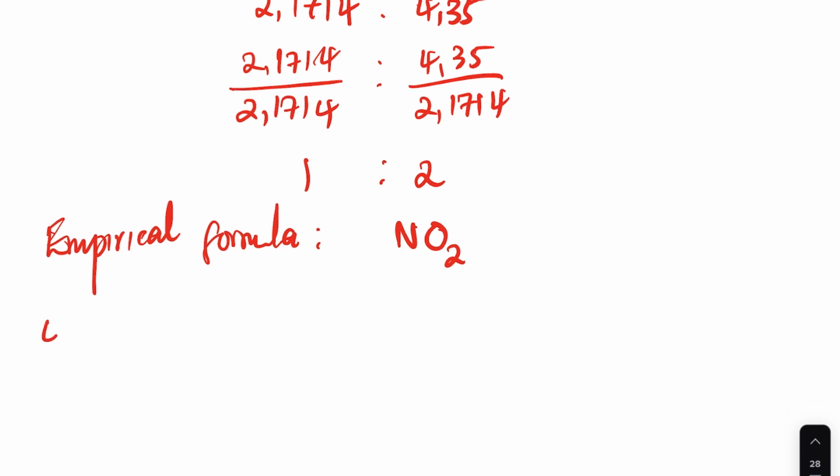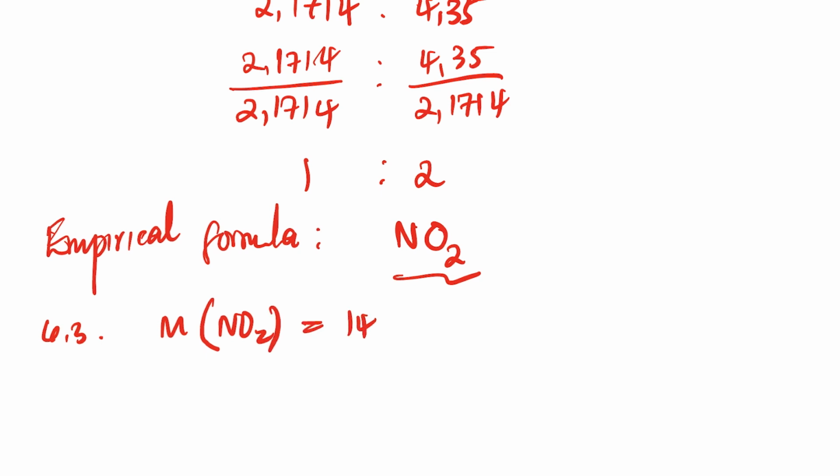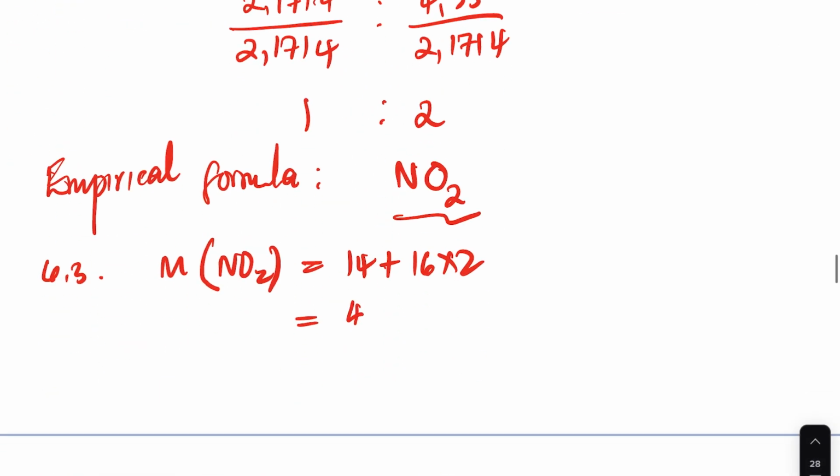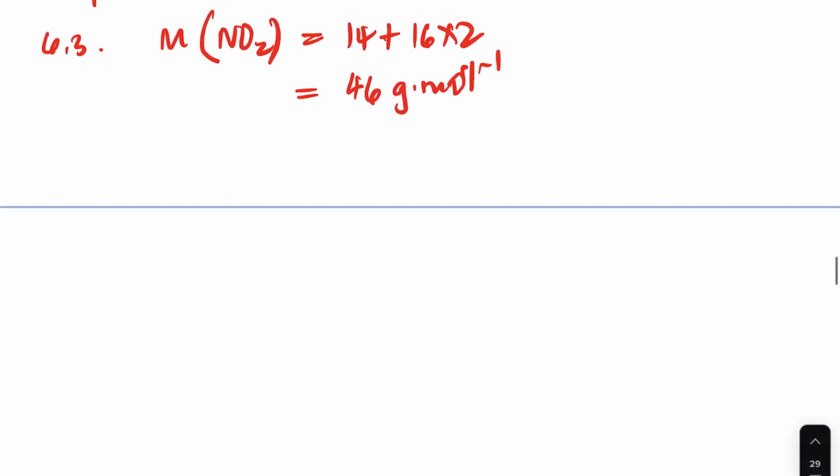So in 6.3, you calculate the molar mass of the empirical formula, which is 14 plus 16 times 2, which is going to be 46 gram per mole.